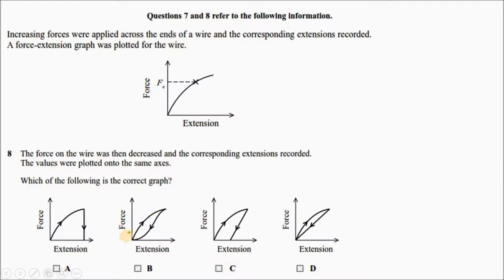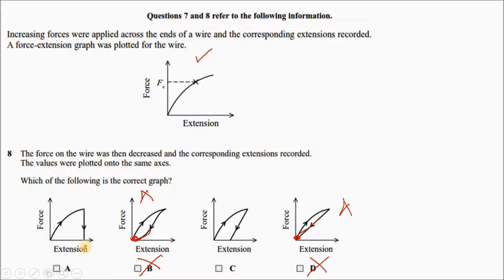So if you see options B and D, they are showing that the material is returning to the original shape. You see here, the material is returning to its original shape, but the material has permanently deformed, so it cannot return to the original shape. So we cannot have options B and D. There is a slight difference between A and D. A is saying that when you decrease the force, there will be no decrease in the extension.